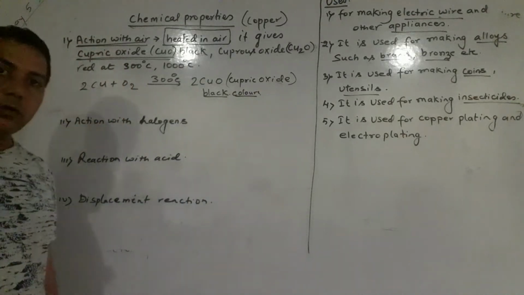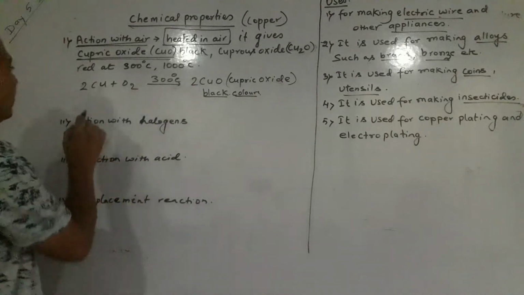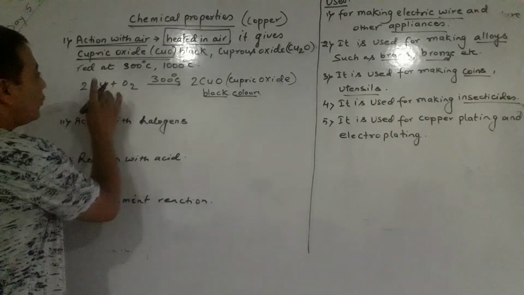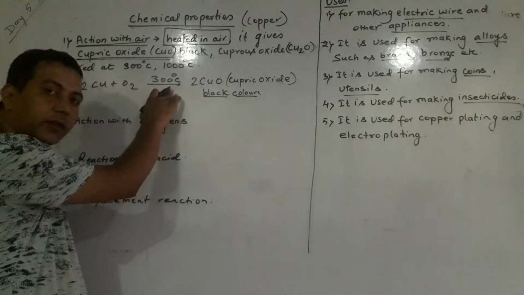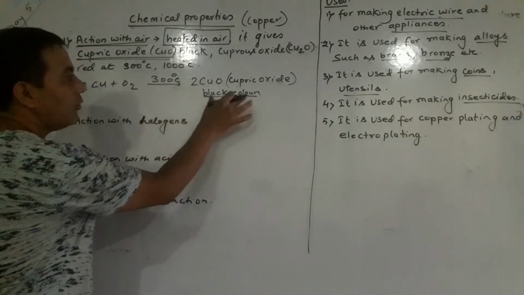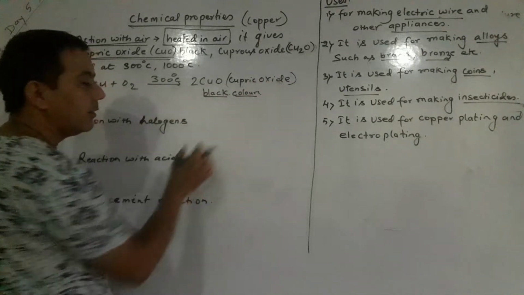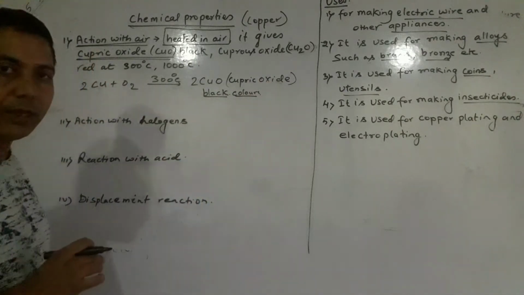So once again, when copper reacts with air at the temperature of 300 degrees, it will form cupric oxide, which is black in color.